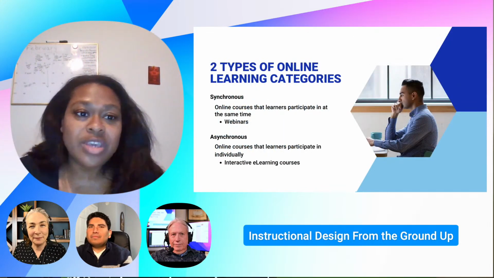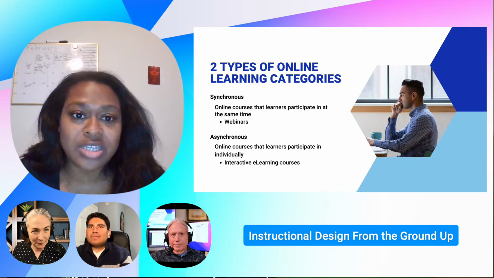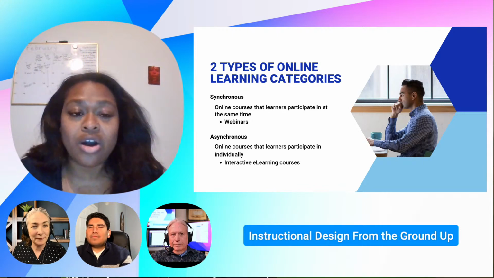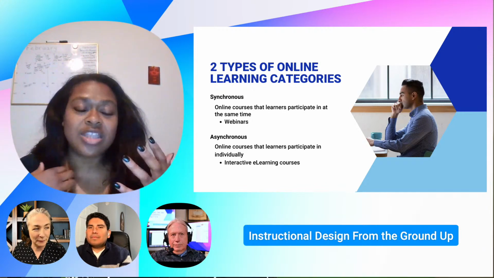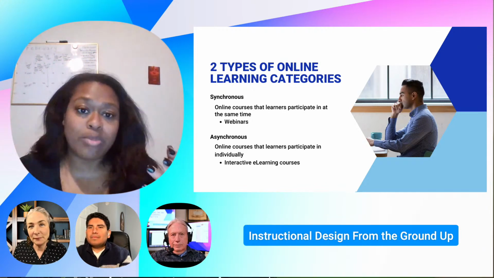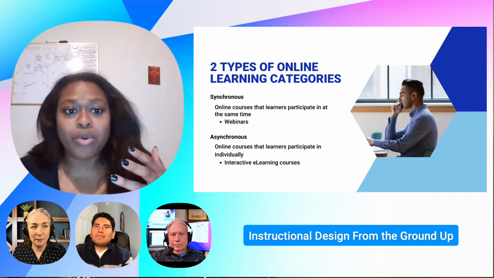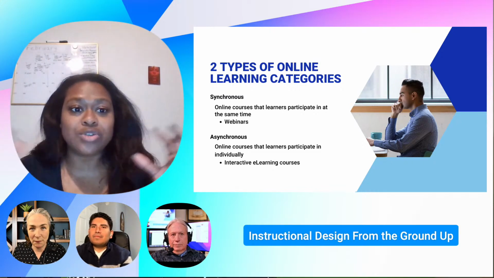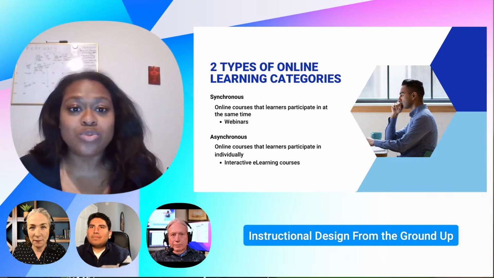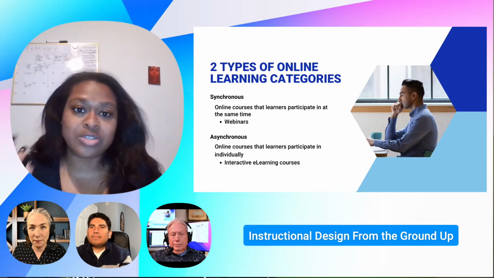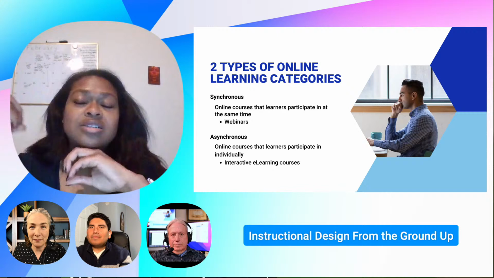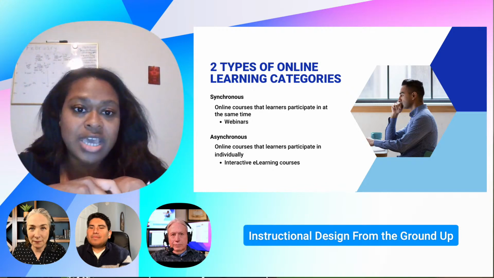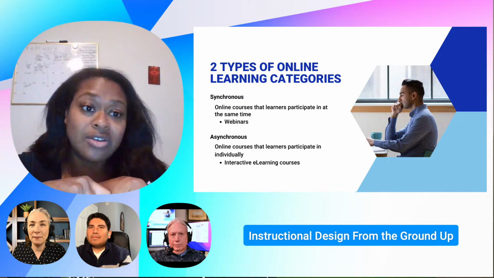Thank you. So, when you think about e-learning, typically it falls into two categories. The first is synchronous. That's where you have an online course that people attend at the same time. You'll see that traditionally in webinars, or if you have a Blackboard course where people are entering a room at the same time, that's what a synchronous course would typically look like. And then for asynchronous, you're looking at standalone courses or modules that participants take by themselves.